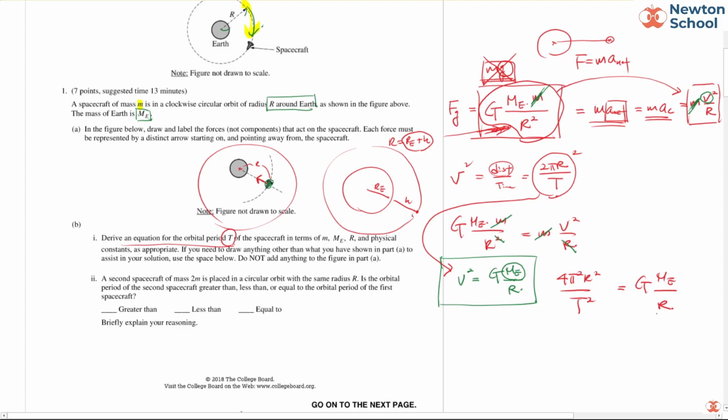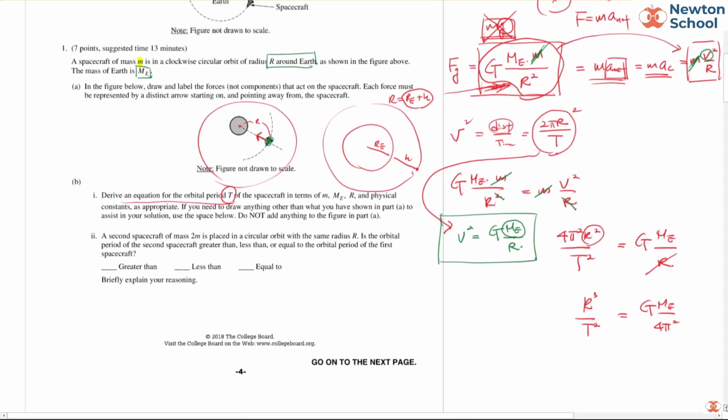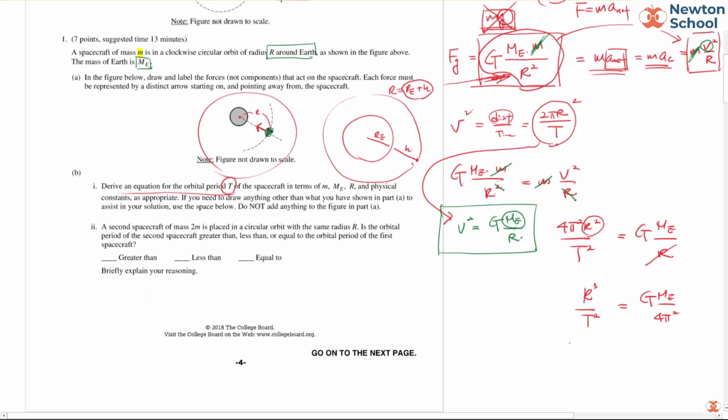I'll multiply by r on both sides and divide by 4 pi squared. So I multiply by r, then this becomes r cubed. Then if you divide by 4 pi squared, you get G M_E over 4 pi squared. And if you flip this, you get T squared over r cubed equals 4 pi squared over G M_E.